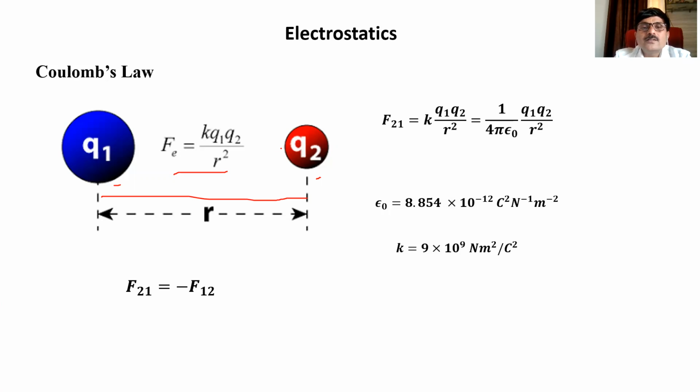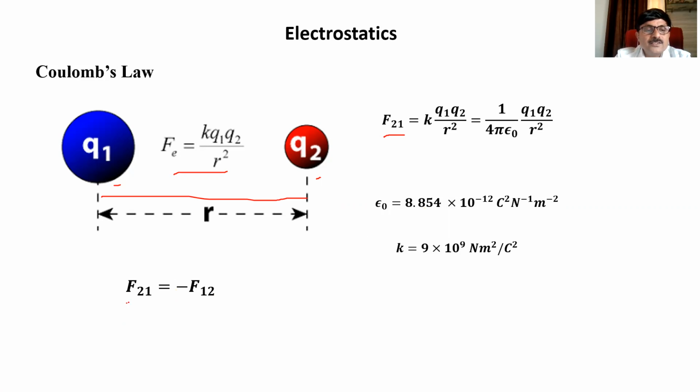So here I have represented this as F21. That means here the force exerted by charge 2 on charge 1 is given by this equation: F21 is equal to 1 upon 4 pi epsilon 0 Q1 Q2 divided by r square. On the other hand, you can write the force exerted by charge Q1 onto charge Q2 as F12, but that is opposite to the force in the first case.